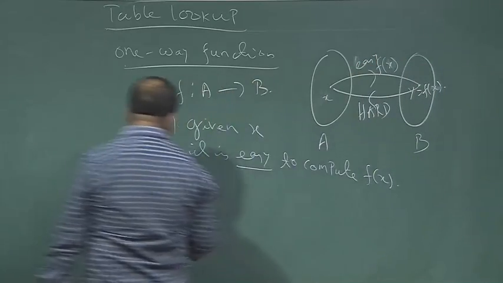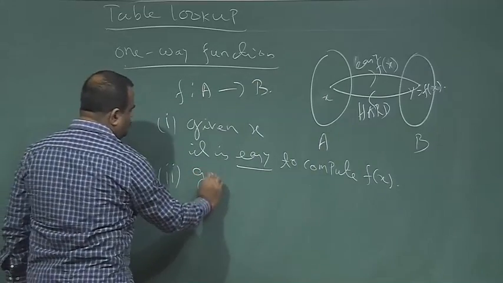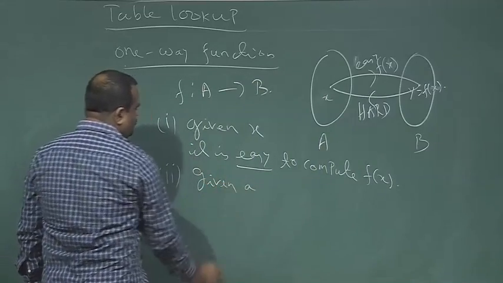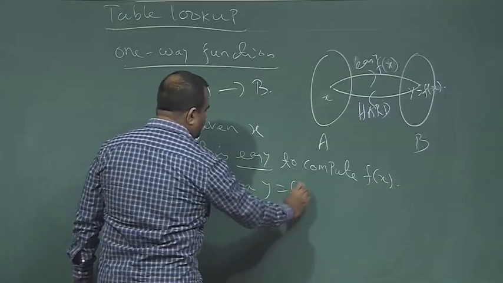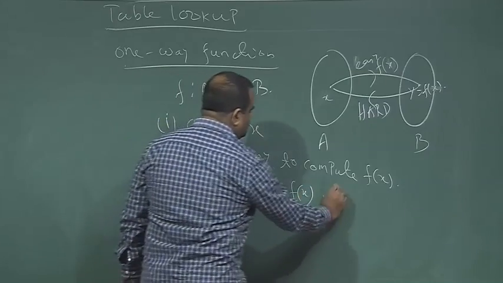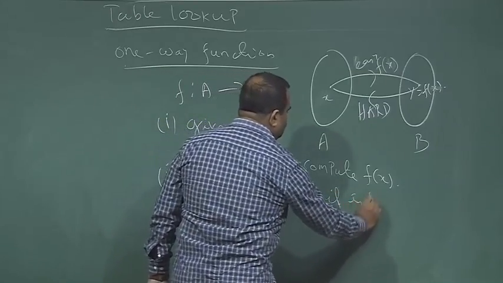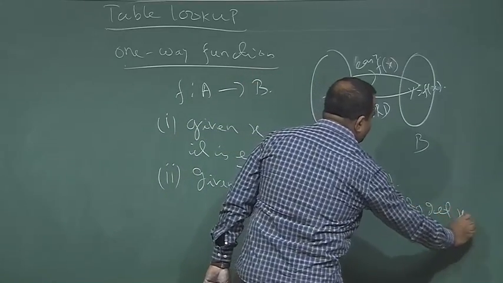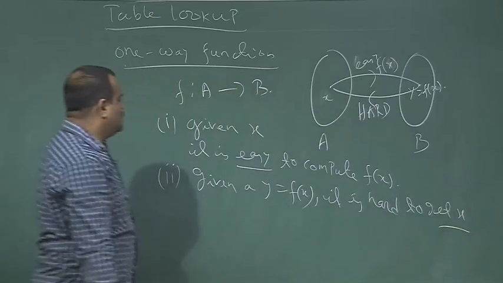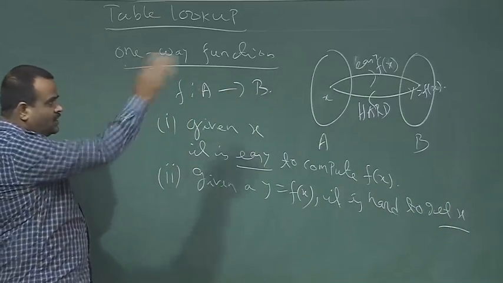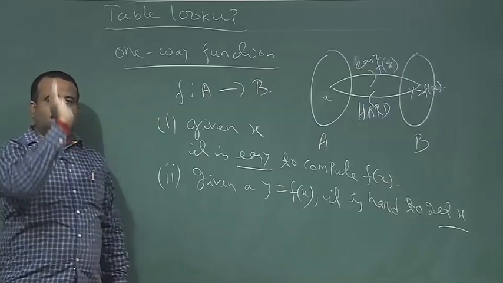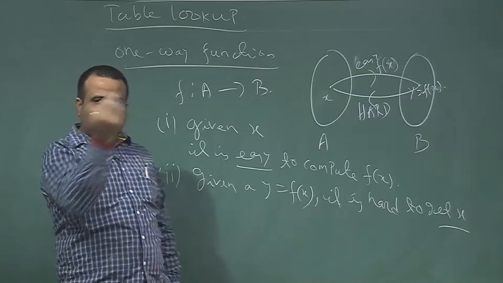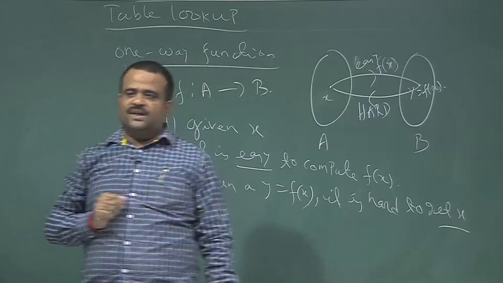Given a y, it is hard to invert. Given a y which is basically f of x, it is computationally hard to get x. So, that is the one way function. The forward direction is easy, but the backward direction is tough.